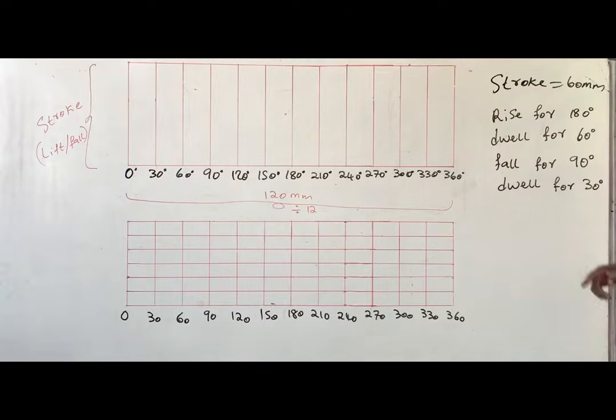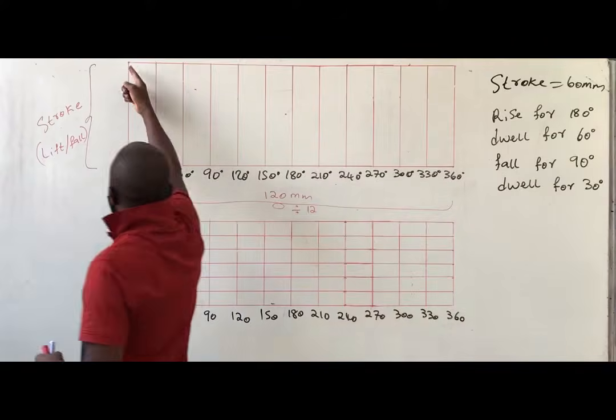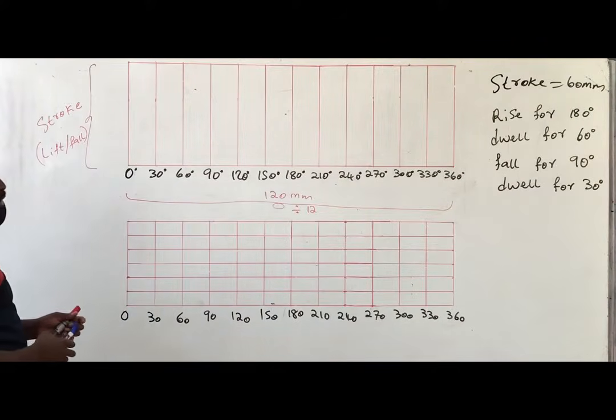Today we are going to draw constant velocity using this information, meaning our stroke height will be 60, therefore from up there to there it will be 60.